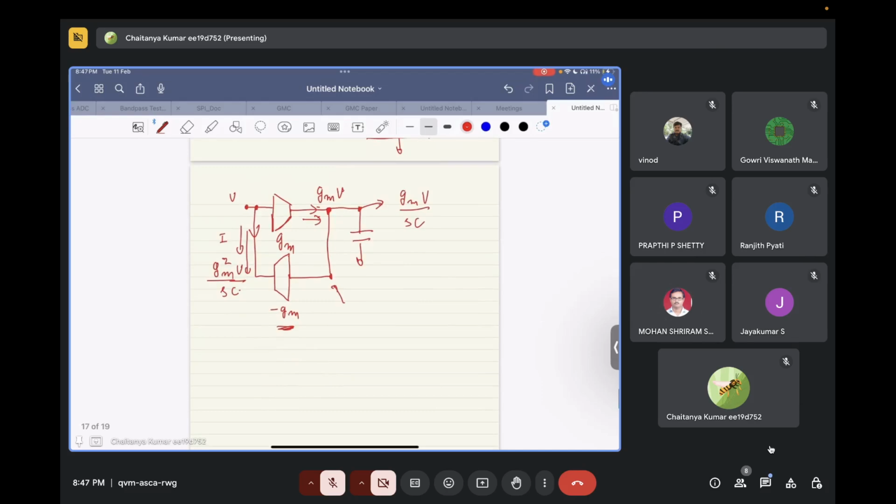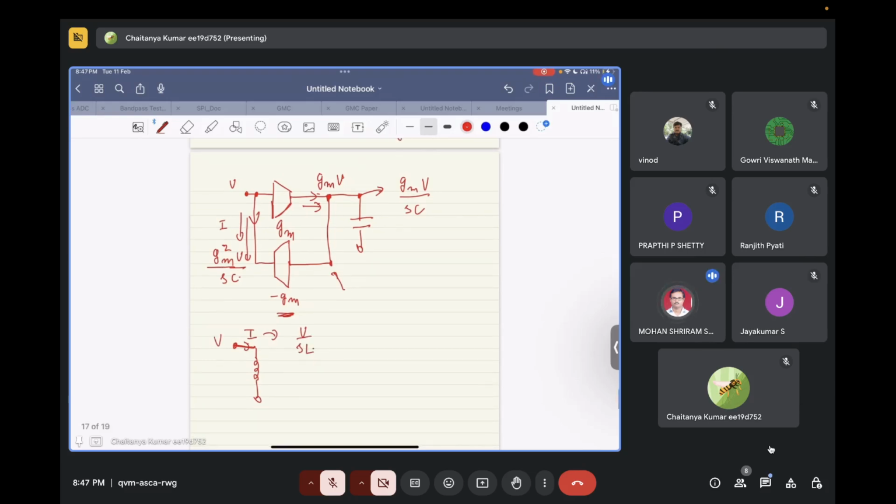Now, what if there was an inductor connected to ground over here? What will be the current flowing from here? This will be V by SL.